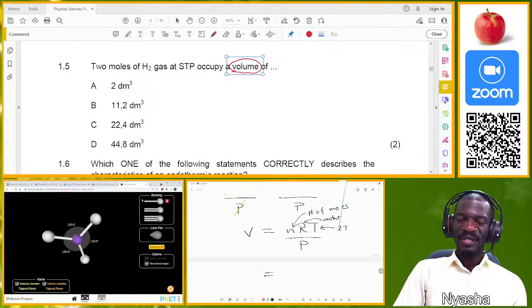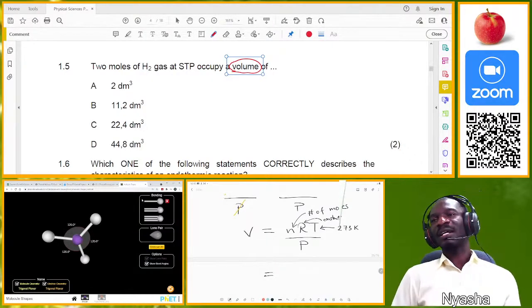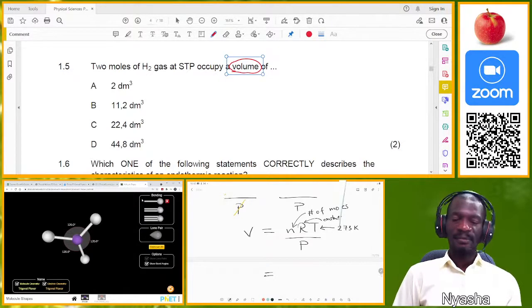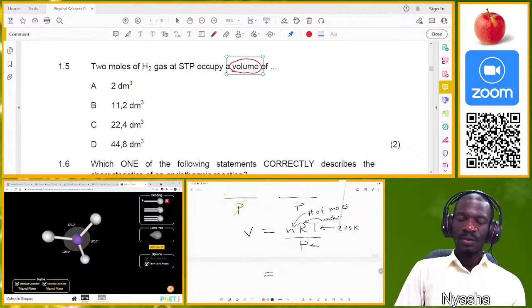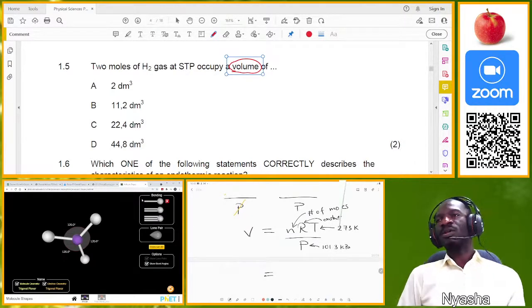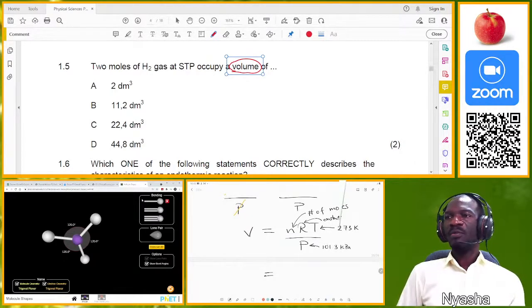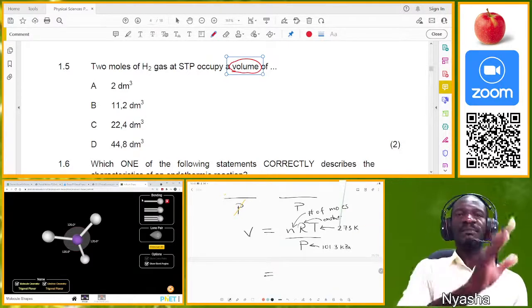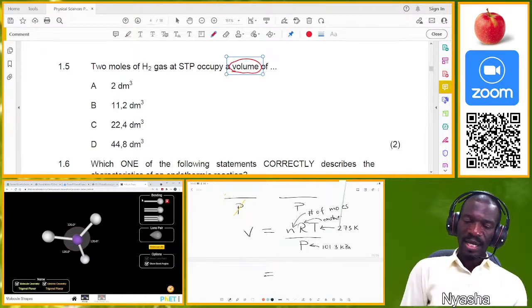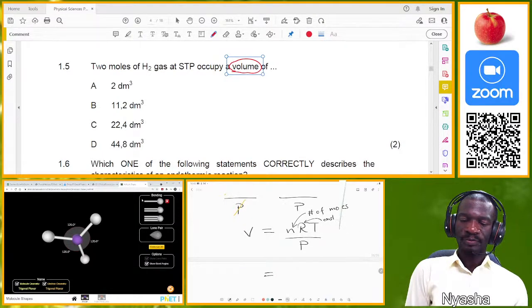And your pressure, at standard temperature and pressure, would be 1 atmosphere, 101.3 kilopascals. So you can now substitute all these values into the equation.